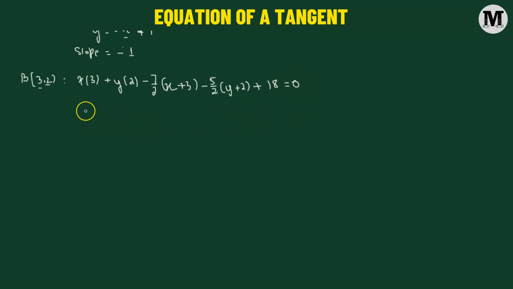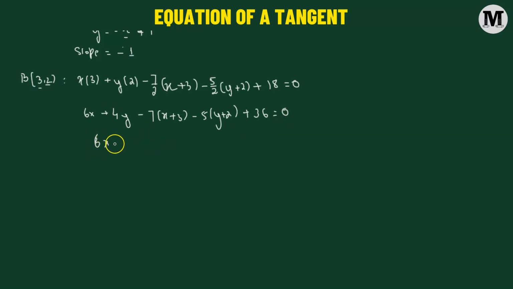Let's multiply throughout by 2, so that we can get rid of the fractions. We get 6x plus 4y minus 7 times (x plus 3) minus 5 times (y plus 2) plus 18 times 2, which is 36, equals 0.